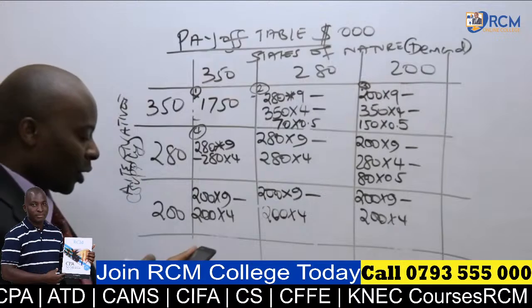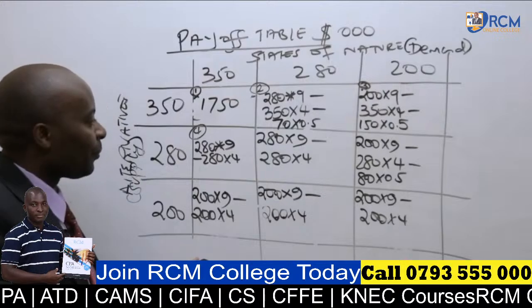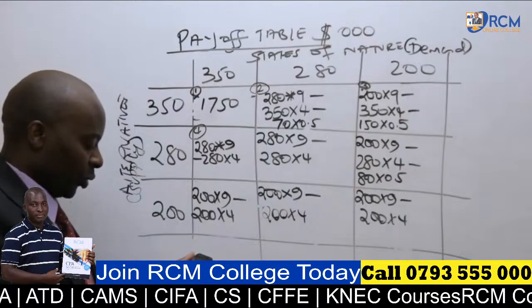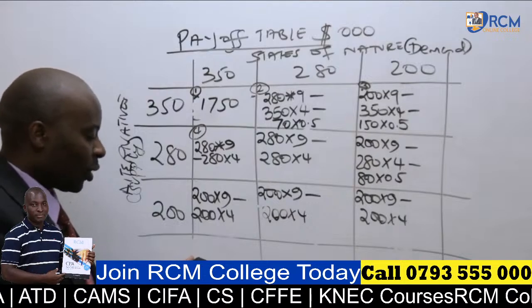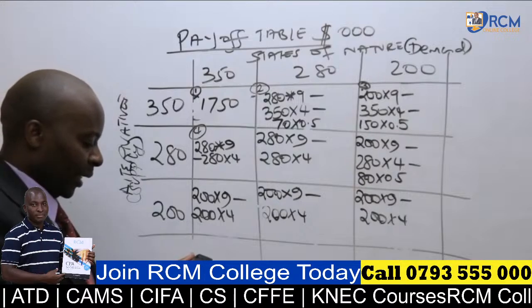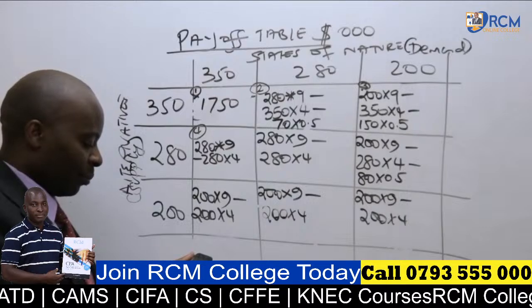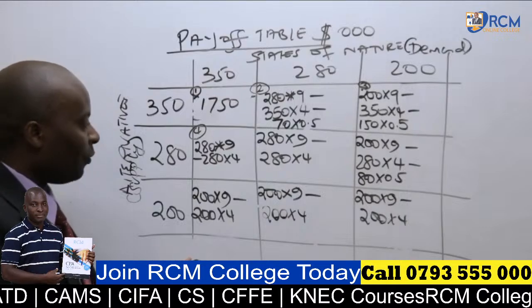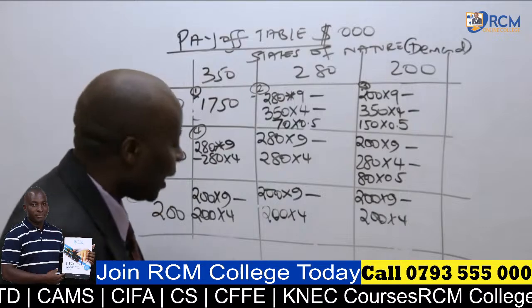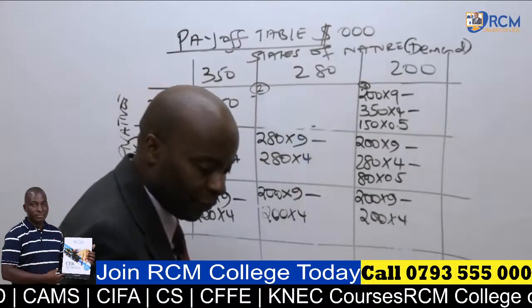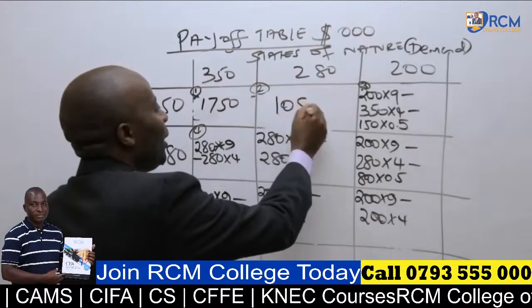So come to the second one, we have 280 times 9 minus the cost here, 350 times 4, minus 70 times 0.5, which gives me 1085, comfortably here, 1085.